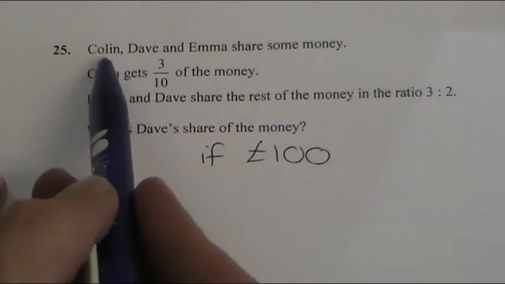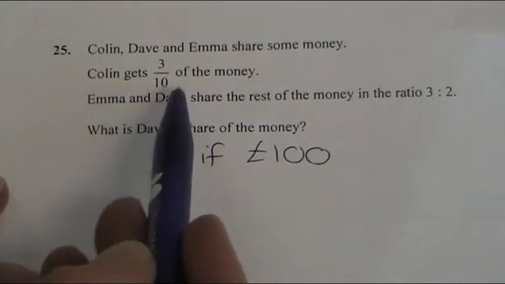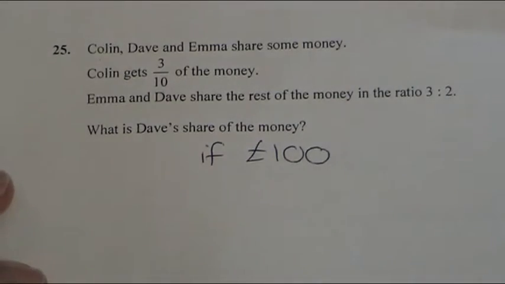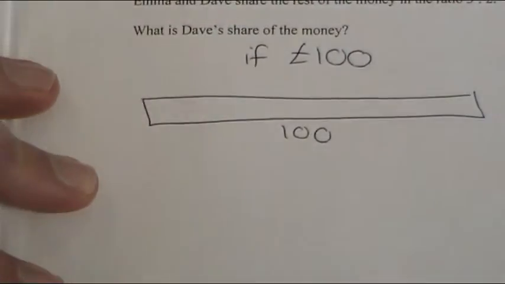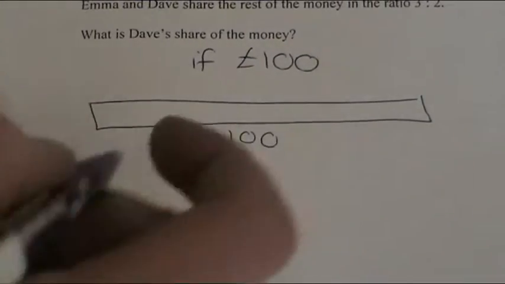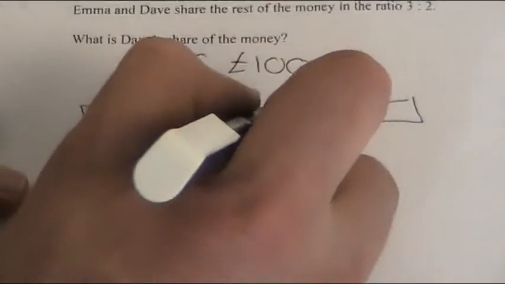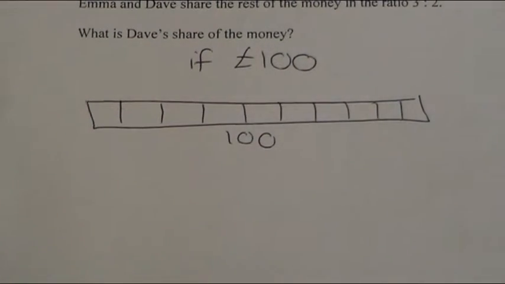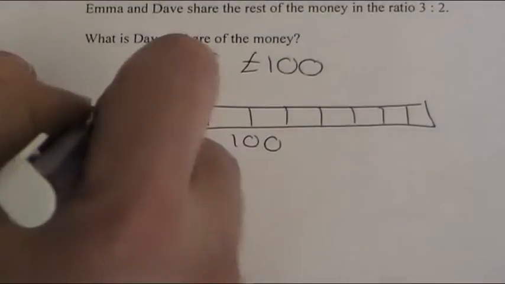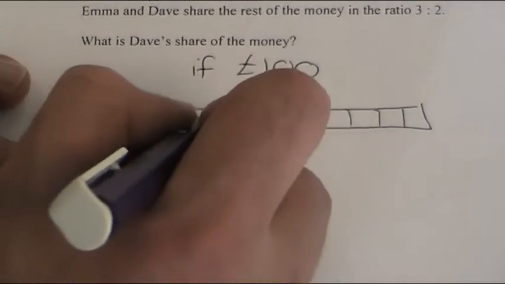So 3 people share money, Colin gets 3/10. If I wanted to find out a tenth of something, I draw a bar and I say this is worth 100. And for a tenth, I'm going to split this bar into 10 equal bits. Although my diagram's not equal, I'm treating it as if it was. And if there were equal bits, I would put £10 in each of these.